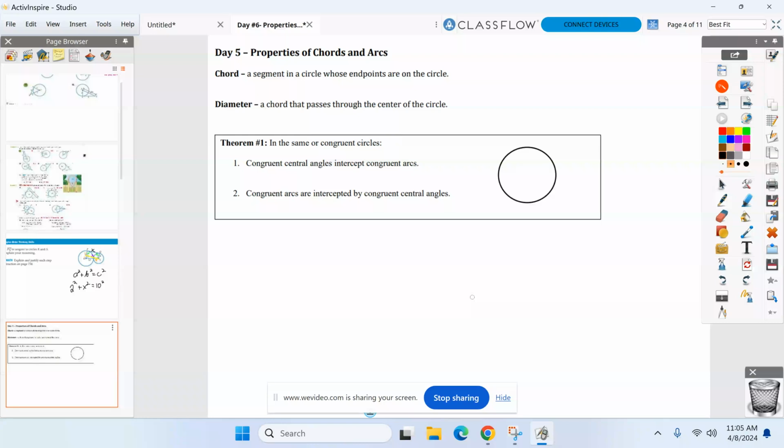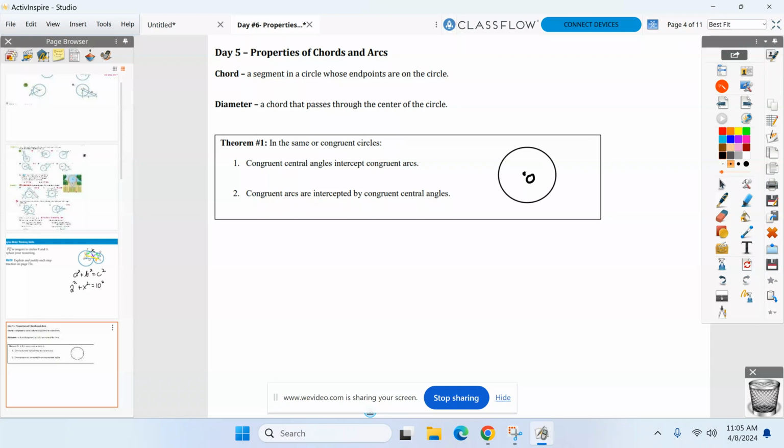So the first one, can you call that circle O for me by putting a center in circle O? Hopefully you know these angles by now. Can you make a central angle AOB in that circle, please?